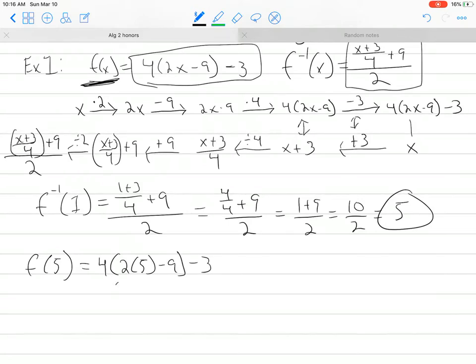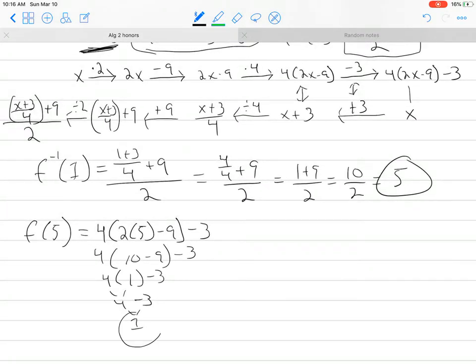Let's see. This is 10 minus 9 minus 3, 4. This is 4 times 1 minus 3, which is 4 minus 3, which is 1, which is what I plugged in here, which means I got it right, y'all.